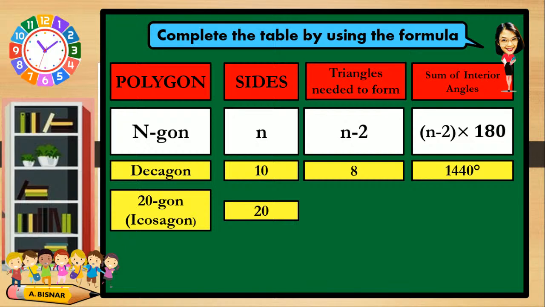So, ano yung sagot? So, what's your answers? Hello? Naghahang ba o wala lang talaga sumasagot?